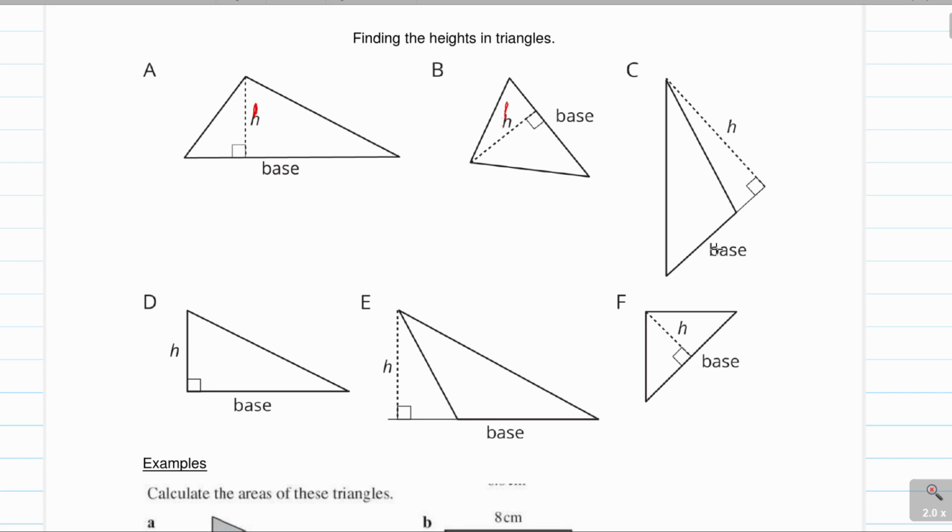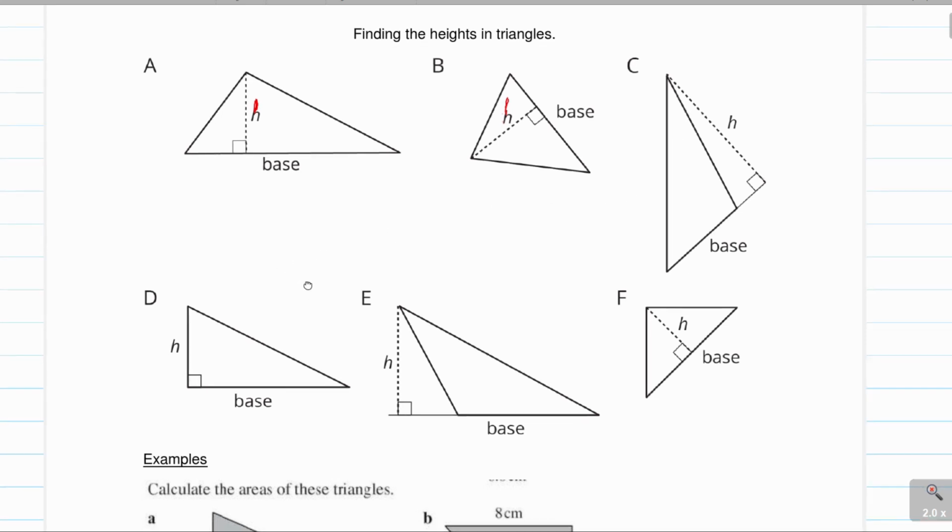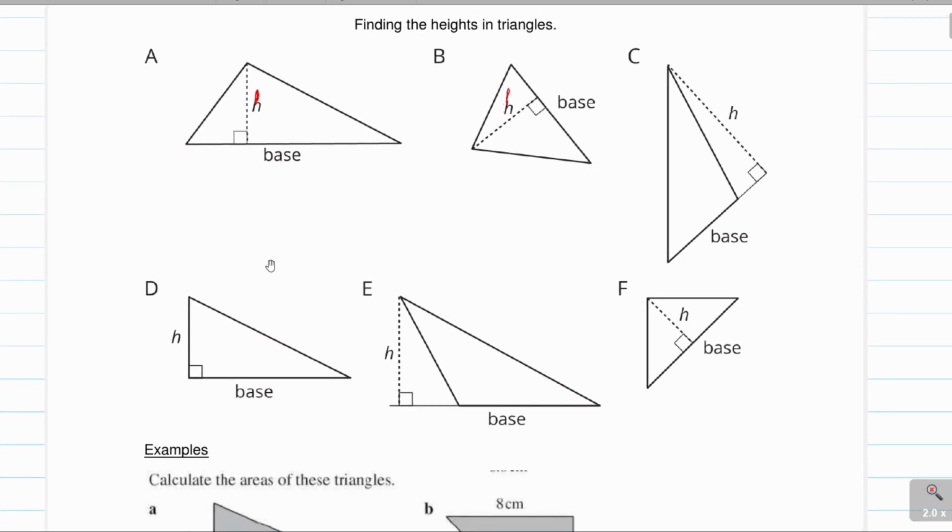Now here is the base and the perpendicular height is from here to the top here. It's actually on the outside. Okay, so you would need to find this height before we could find the area of this shape. Now there are other ways to find the areas of these shapes, but that is not covered until Form 4 or Form 5.